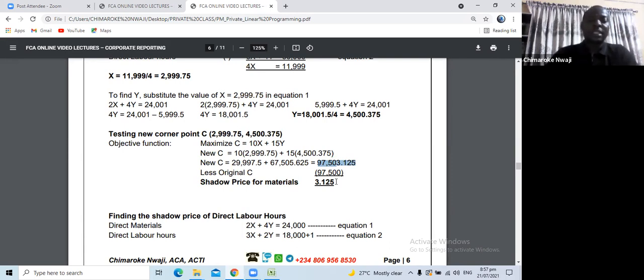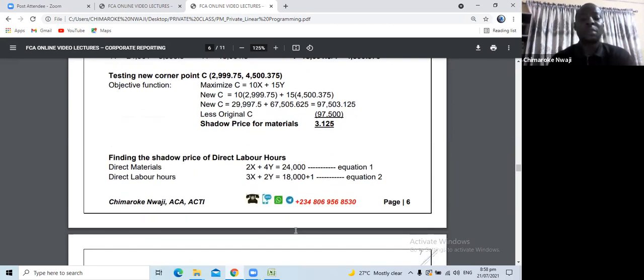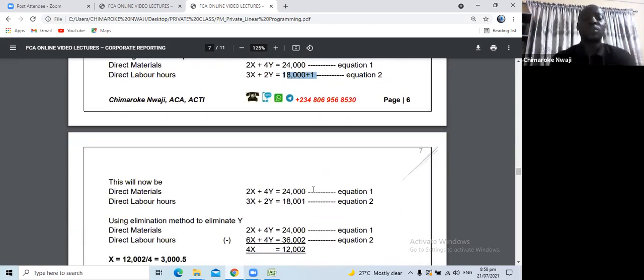Now, the same method we are going to be using to find the shadow price for direct labor. But the difference here is 24,000 will no longer be carrying +1. It's 18,000 that we'll be having this +1. So just the way we did for materials, we do for labor equation 1 and equation 2.